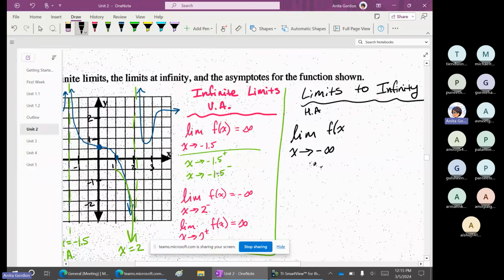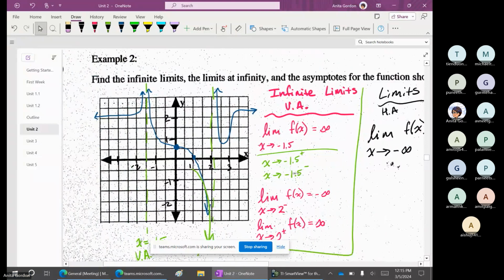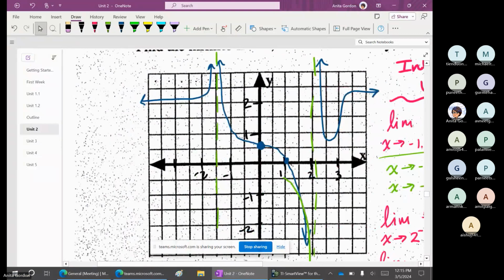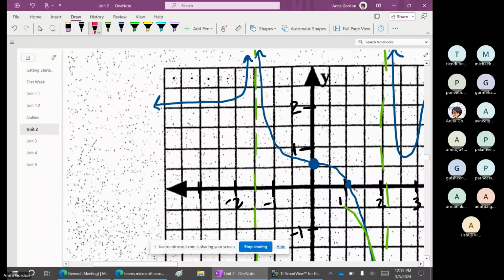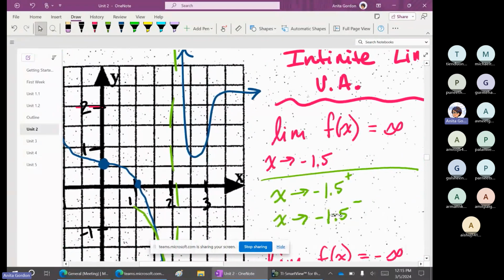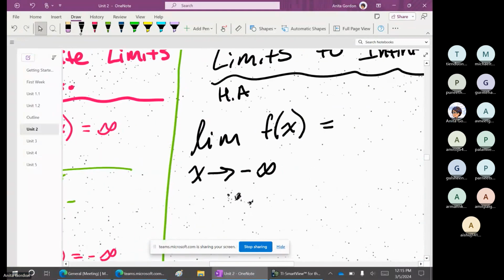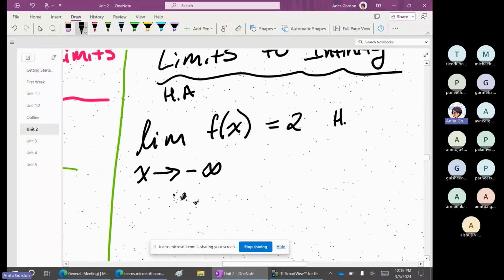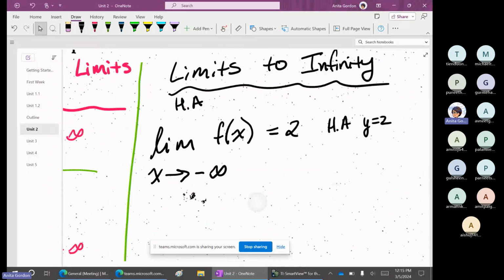So it goes off to the left forever. It is approaching, my horizontal asymptote here is at 2. So this is my first horizontal asymptote, y equals 2.